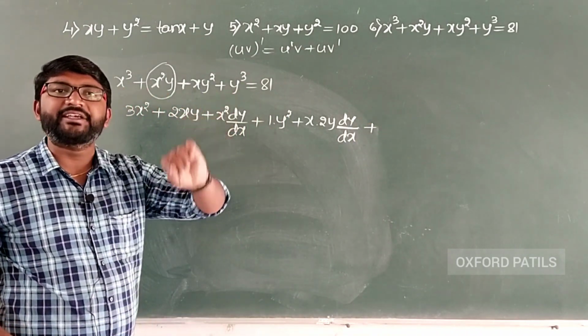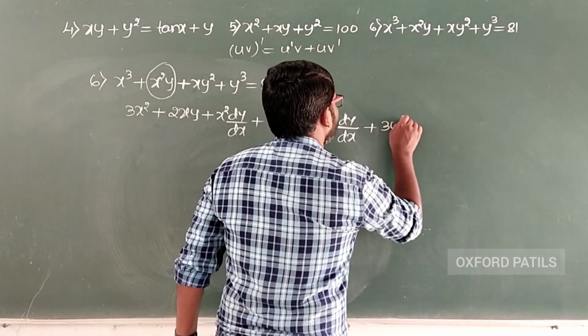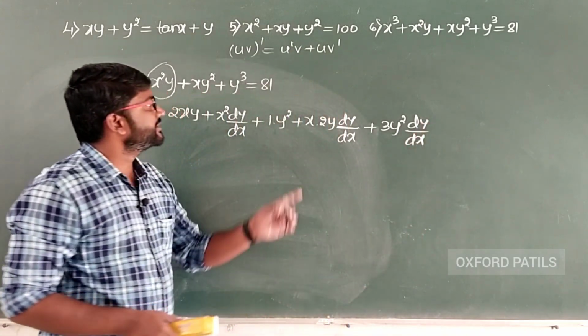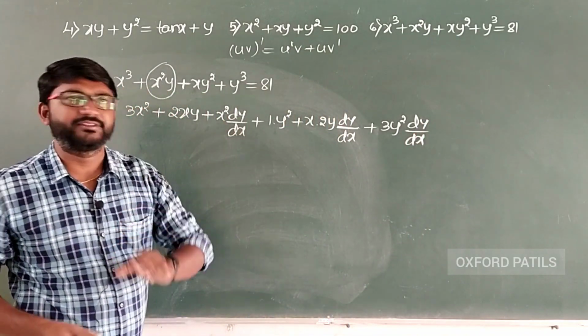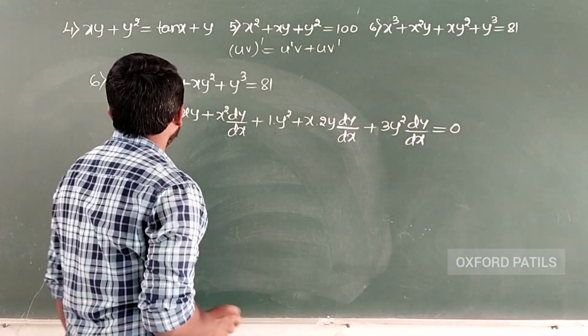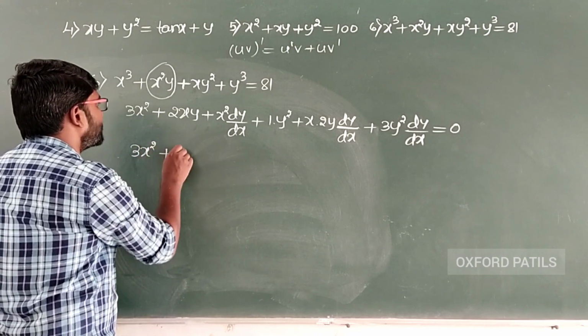It will be 3y square into dy by dx, which is equal to derivative of 81. It will be 0.